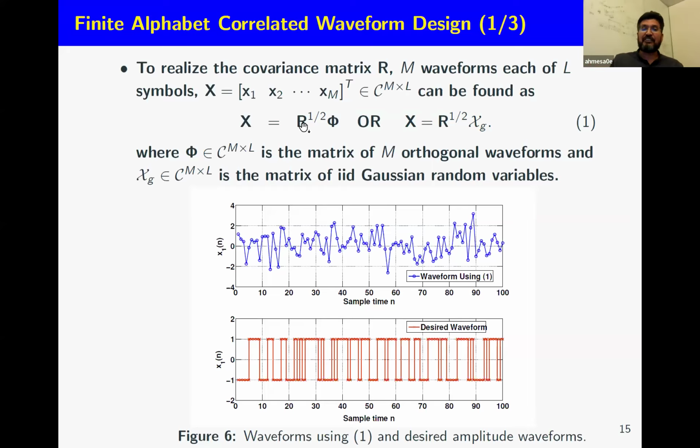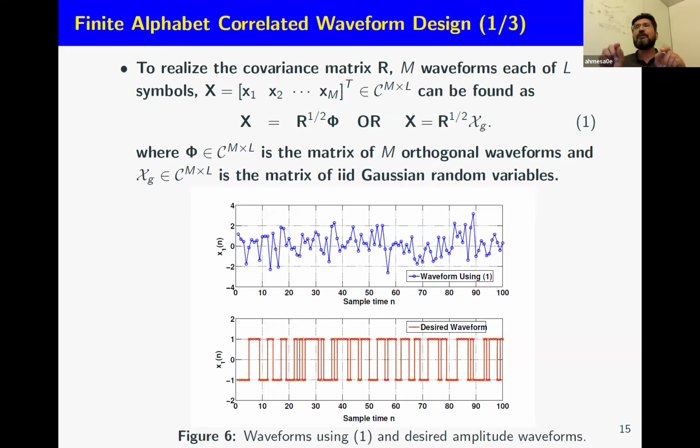For example, take the first equation, where R^(1/2) times phi is my waveform. To achieve the covariance matrix, we have to multiply X with X Hermitian. So we multiply R^(1/2) and the waveform matrix, and the waveform matrix is an orthogonal matrix, with phi Hermitian and R^(1/2).